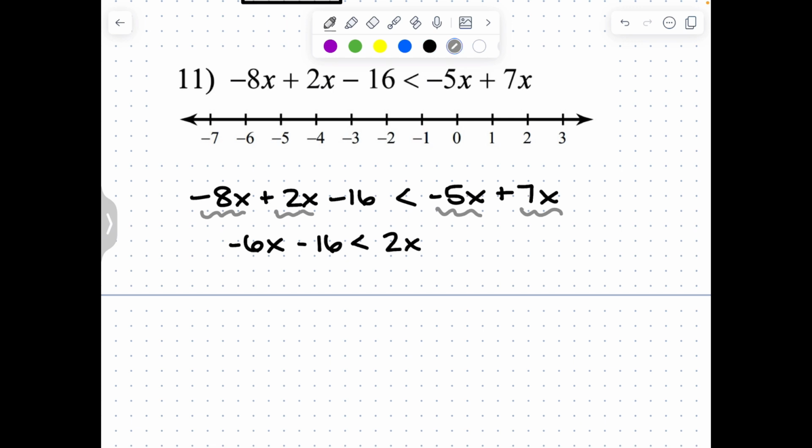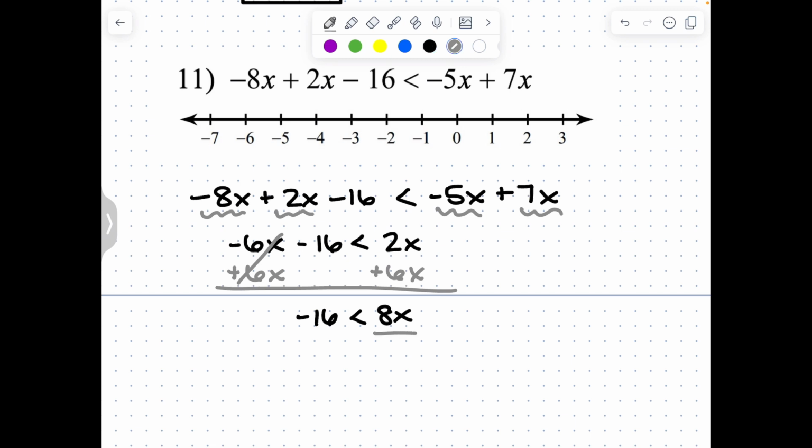And now I would prefer to keep my terms positive when I can, especially my terms with the variable. So I'm going to add 6x to both sides. You could, in theory, subtract the 2x, but then you'd have some negatives to worry about, and you'd have to deal with flipping that inequality when you finally divided.